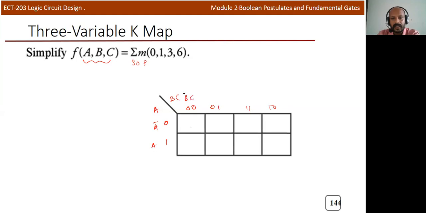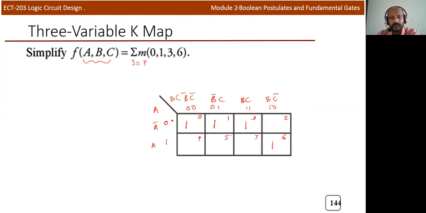It is B bar, C bar, B bar, C, B, C, B, C bar. Now in terms of min terms 0, 1, 2, 3, 4, 5, 6, and 7. Now we need to indicate 0 as 1 and 1. In 3 it's 1, 6 it's 1.